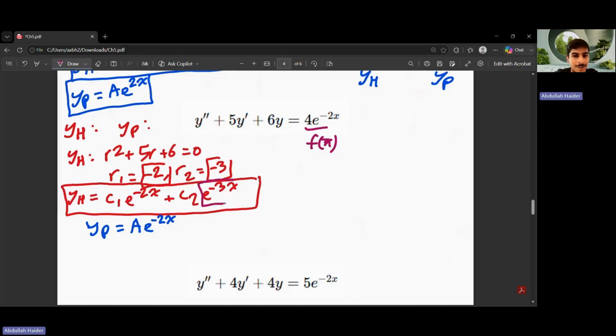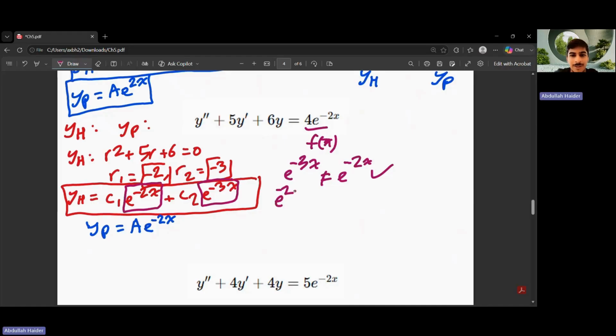E power 3x is not the same as e power 2x. E power -3x is not the same as e power -2x, so we're fine. But you have e power -2x in the homogeneous equation, which is equal to this.